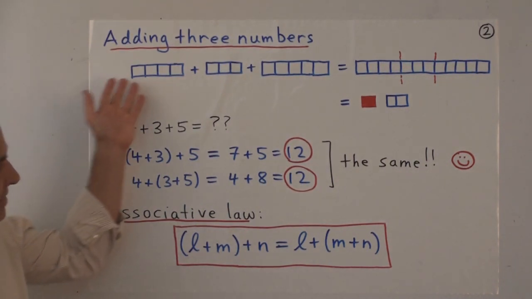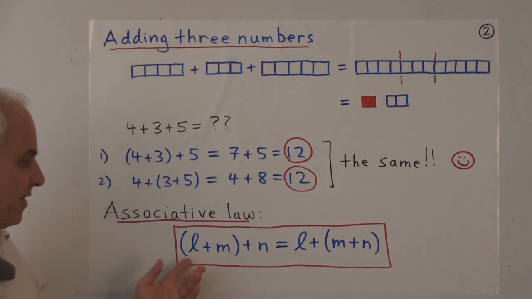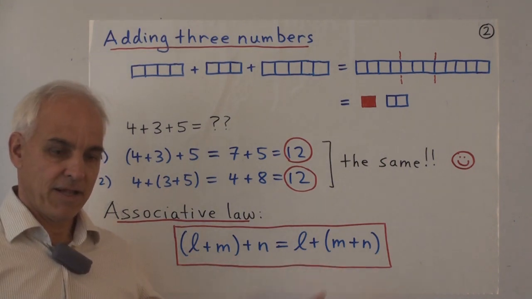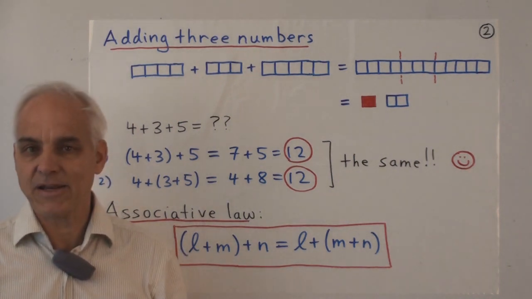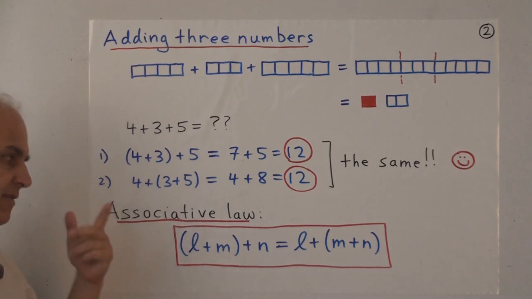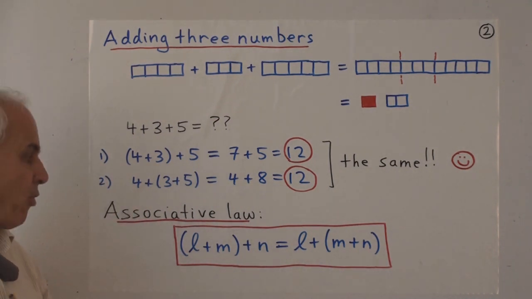And of course, this little exercise is valuable because it reinforces the associative law. This is actually a law, a rule that is valid in general. And it's something that eventually students have to recognize as being an important and useful law.